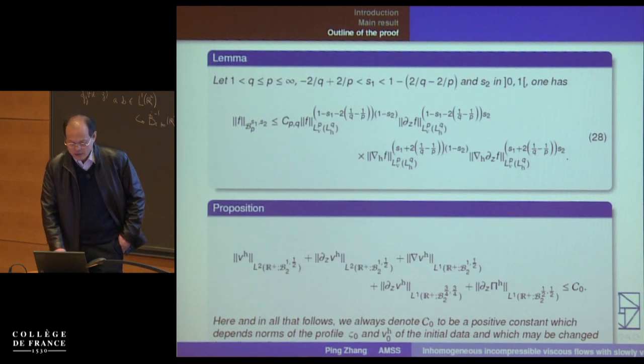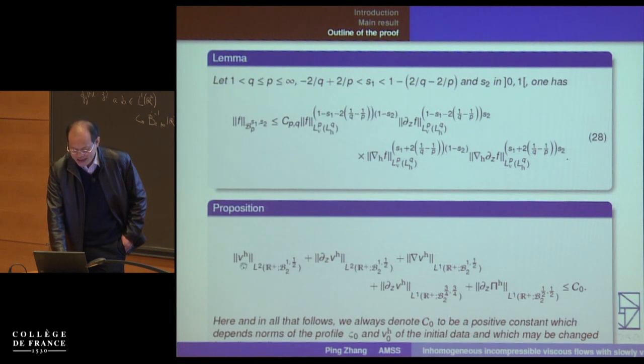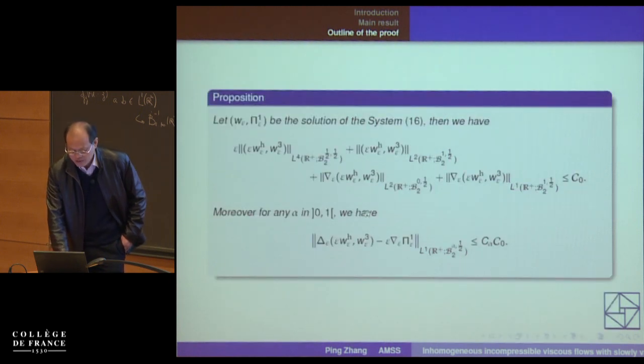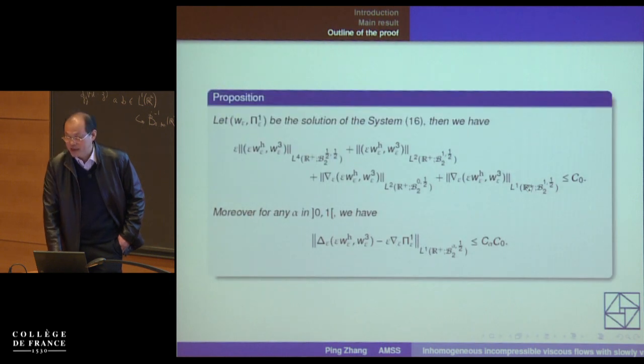With this decay estimate plus this interpolation inequality, we can prove v_h, ∂_z v_h, the gradient of v_h, ∂_z v_h, and ∂_z π_h belong to L2 in time or L1 in time with values in the anisotropic Besov space. We can also prove this correction term, epsilon w_h, w^3, belongs to L4 in time, L2 in time, L2 in time, L1 in time, with values in this anisotropic Besov space.